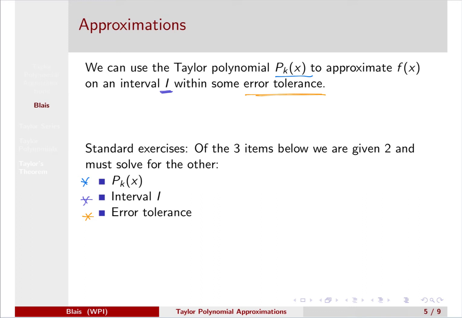Standard questions involving Taylor polynomial approximations typically give you 2 of these and you find the third. So we will do 2 examples in this lecture where we're given the first 2, the approximation and the interval on which we will use it, and then we have to find what the error is, or bound the error. We want to find the error tolerance.